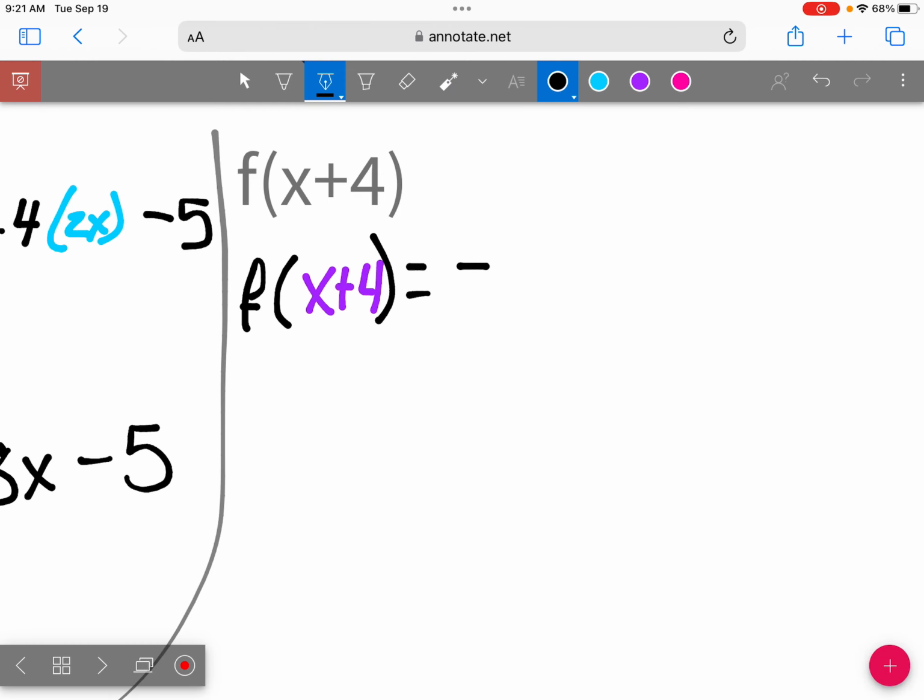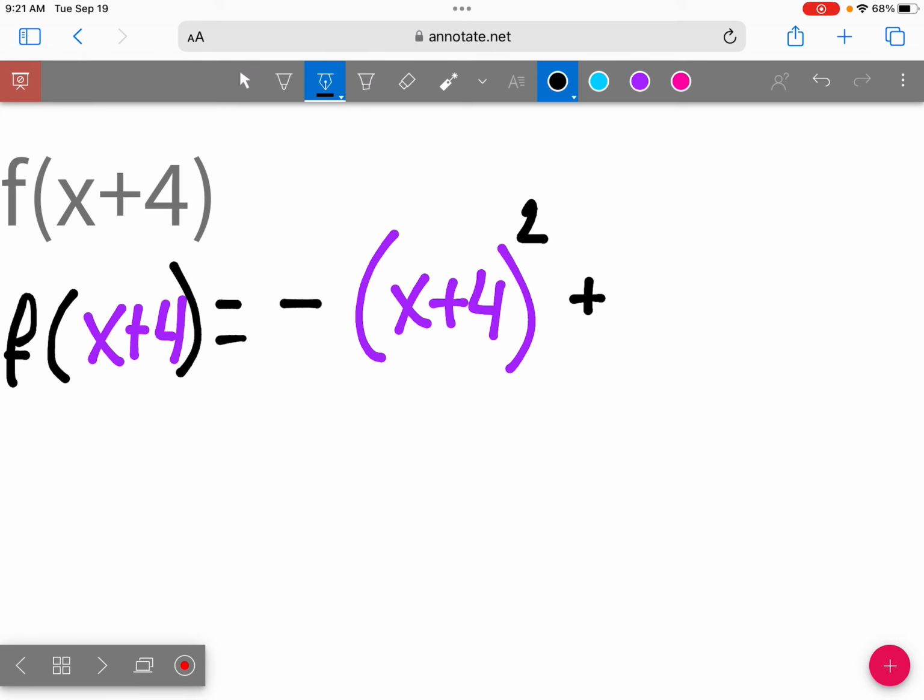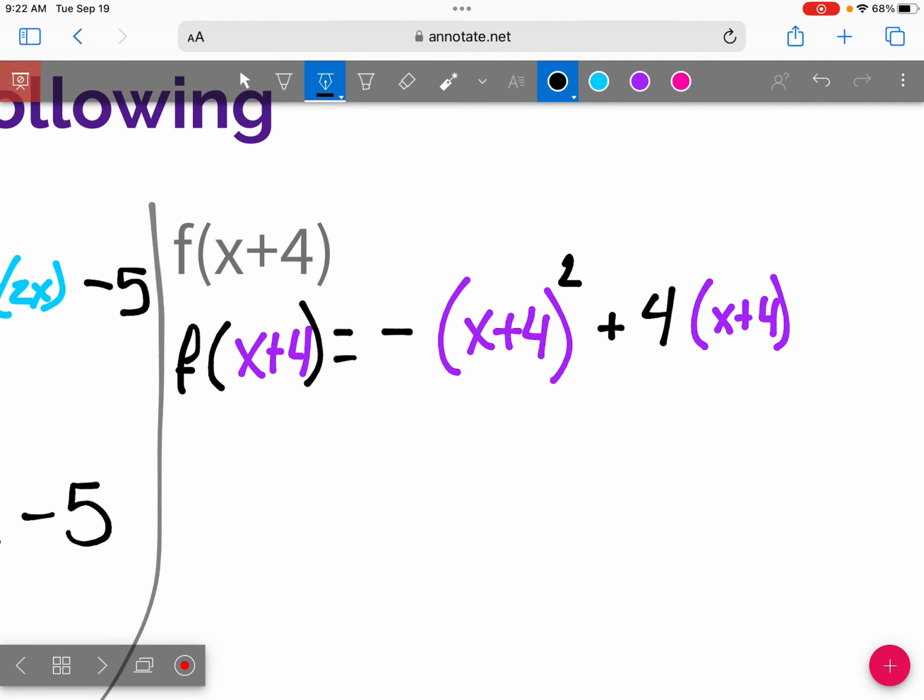We've got the opposite of x plus 4, the quantity, squared, plus 4 times x plus 4 minus 5.